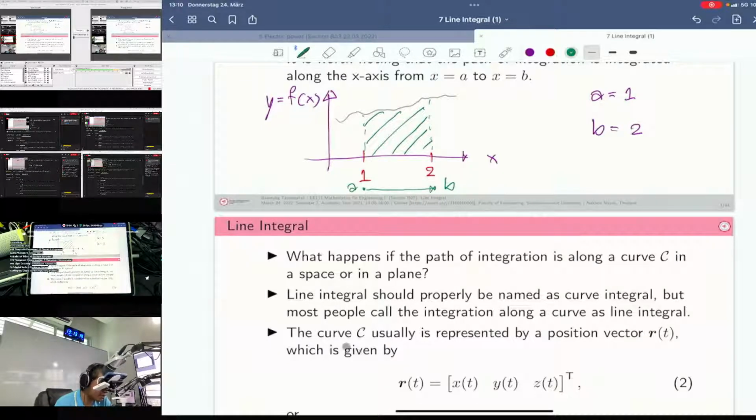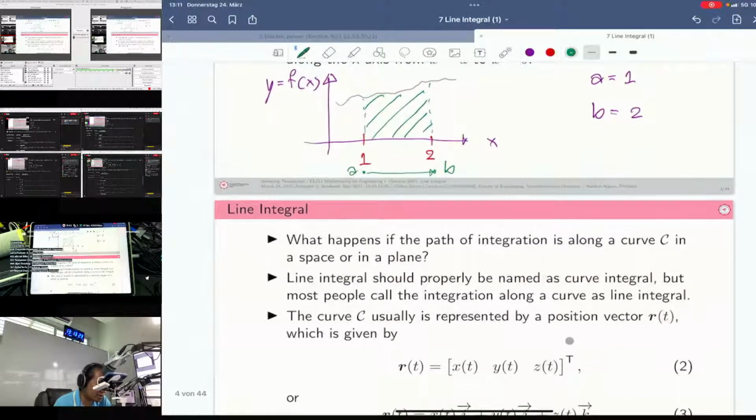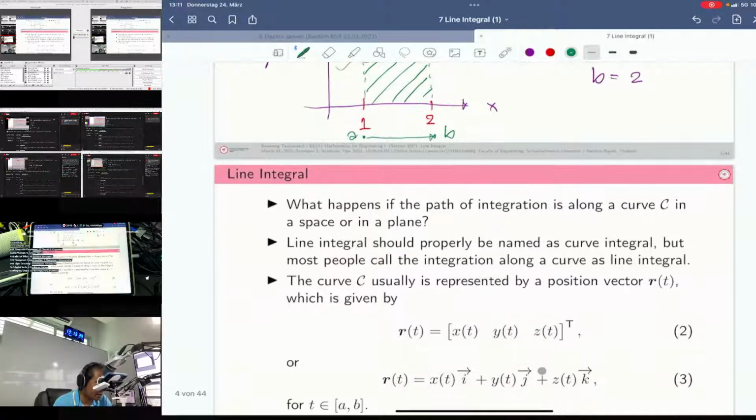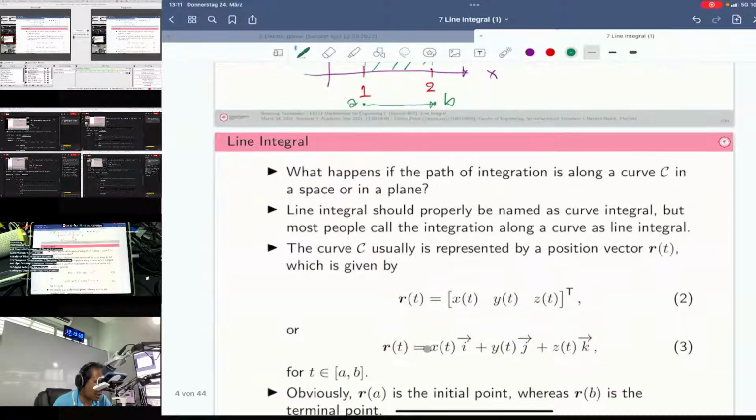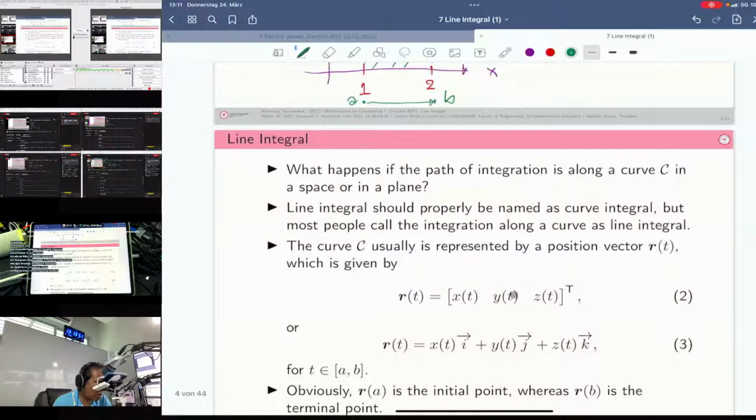The curve C usually is represented by a position vector r(t). This is the vector that you have seen before in, I think, chapter 4 or chapter 5 or something like that. It indicates the location for the x component, y component, and z component, and all of these coordinates depend on t.